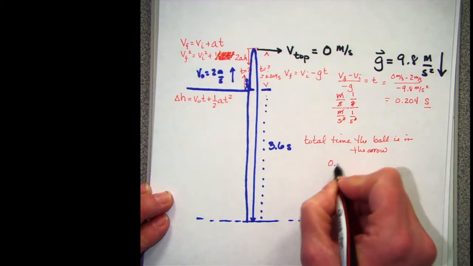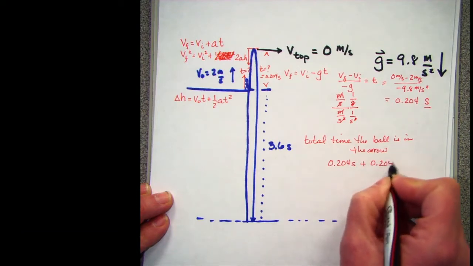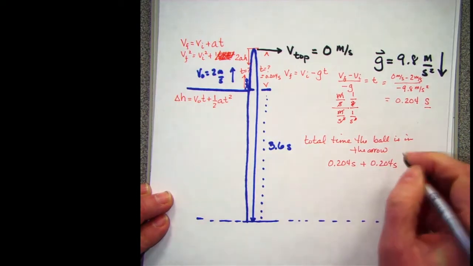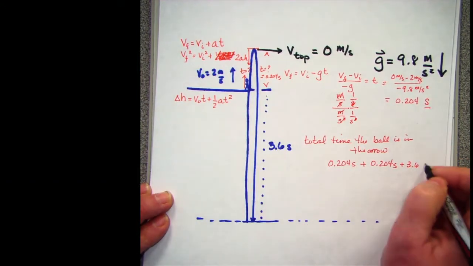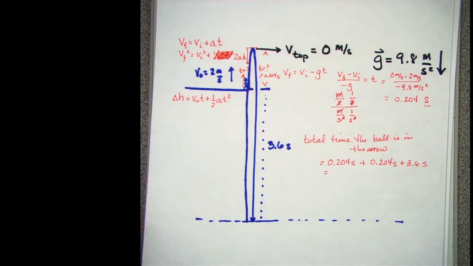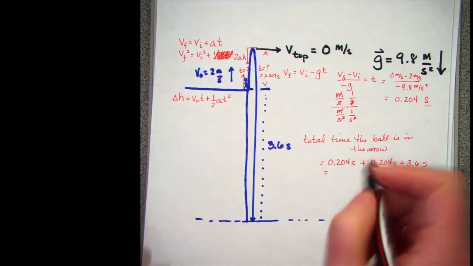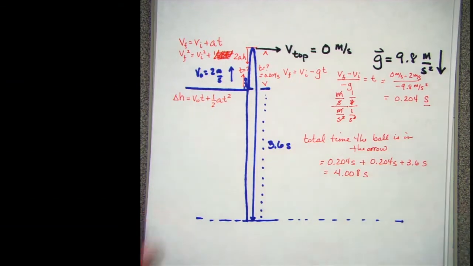I get 0.204 to go to the top, 0.204 before where I start timing the timer, and I get 3.6 from here to the ground. So I can get that total time. That gives me 4.008 seconds.